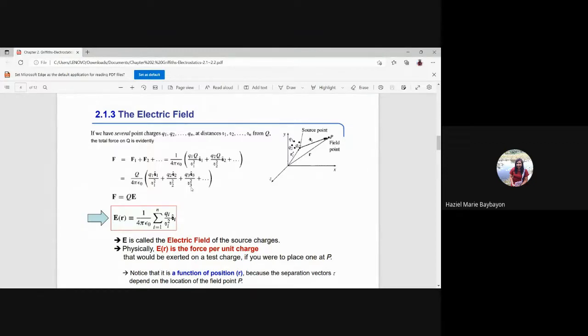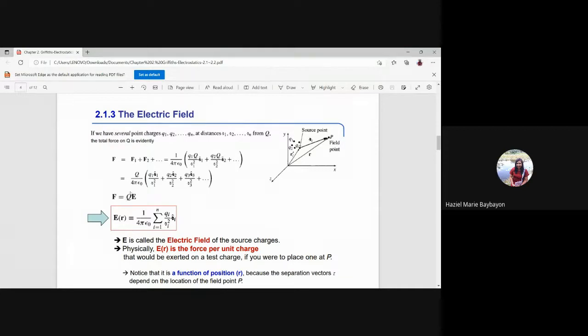Now, this term, Q1 over R1 squared R1 hat, multiplied by 1 over 4 pi epsilon naught, we can call that electric field 1. And this one also, Q2 over 4 pi epsilon naught R sub 2 squared R hat, that is E sub 2, okay? And so on.